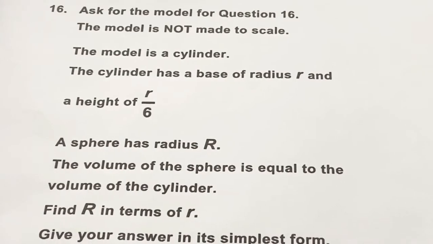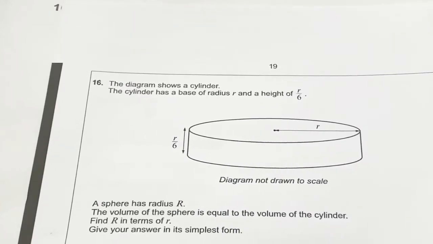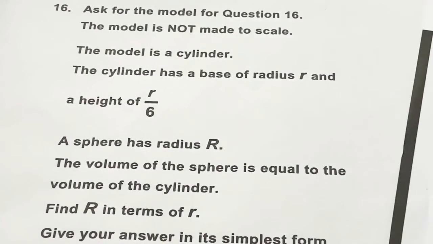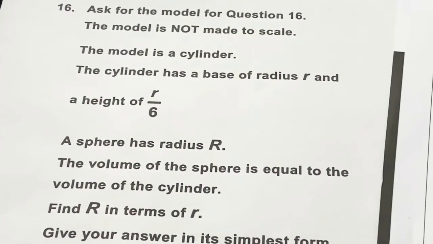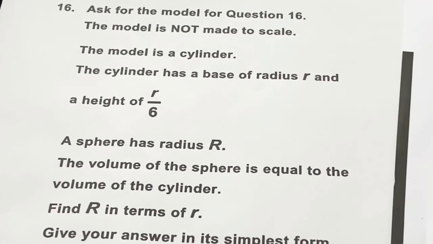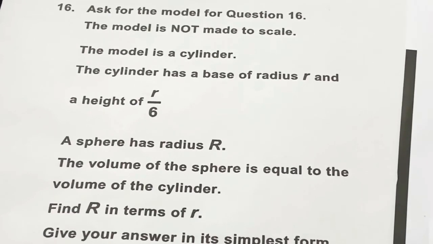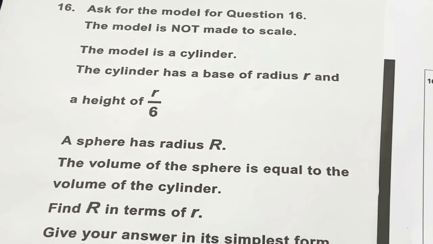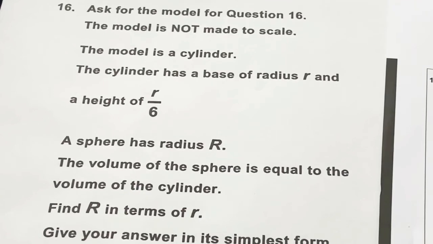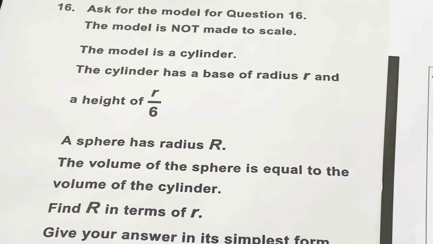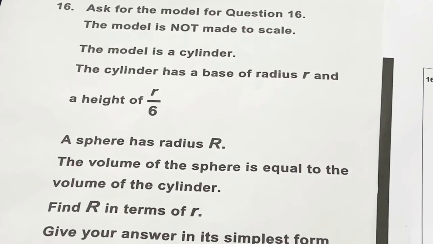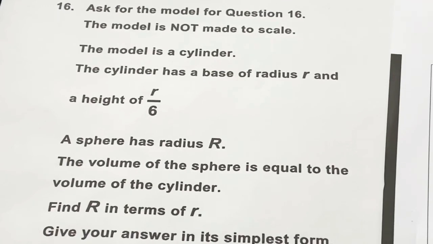So question 16, which is this one right here, is a cylinder. It's not drawn to scale. The cylinder has a base of radius r and a height of r over 6. A sphere has radius R. The volume of the sphere is equal to the volume of the cylinder.